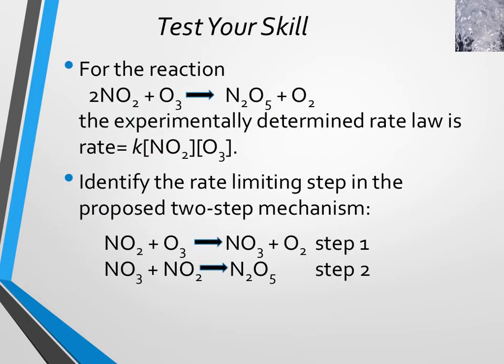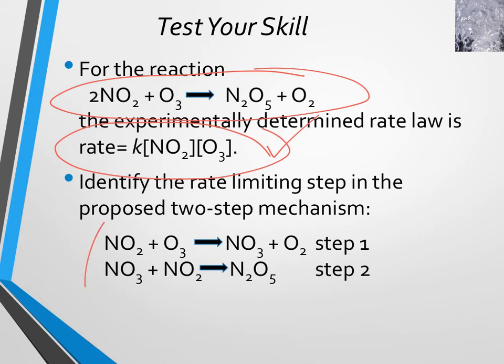Here's another type of problem that you're likely to see concerning mechanisms. So here's an overall balanced reaction. Now in this case, rather than telling you to find the rate law, they're giving you the rate law. Somebody's already explored it and found it. And they're also giving you the mechanism, the stepwise elementary steps to make this.